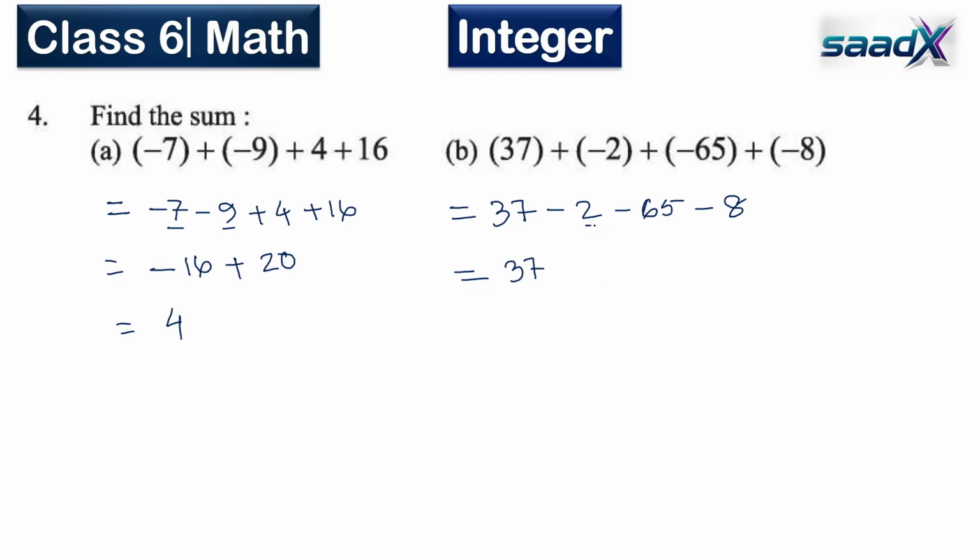Here is 2 minus 2 minus 65 minus 8, it will become minus 75, right? So 75 is a bigger than 37, so we should use minus sign, and then 75 minus 37, it will be, here is 8 4, so 38, it should be minus 38.